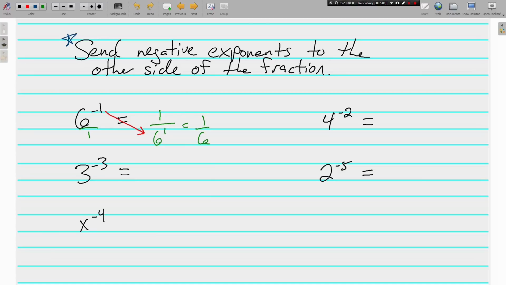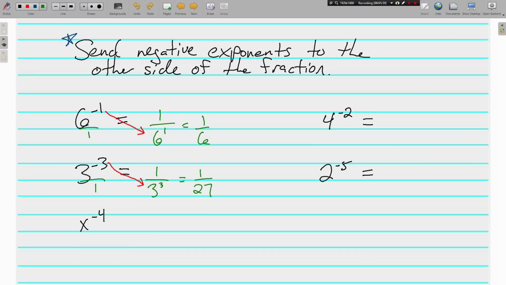3 to the negative third is the same thing as 3 to the negative third over 1. Oops, not negative 1, just 1. And again, we're going to send the negative exponents to the other side of the fraction. So, draw a little arrow here again. 3 to the negative third is going to end up being 3 to the positive third in the denominator. 3 to the third is 27.